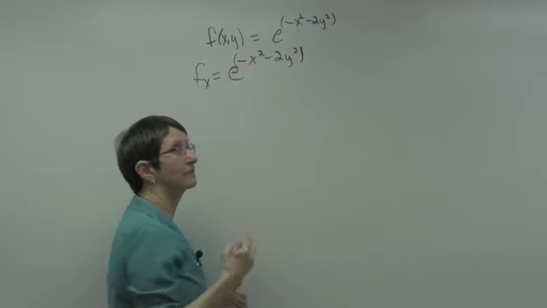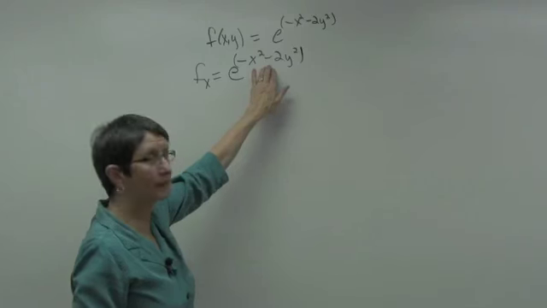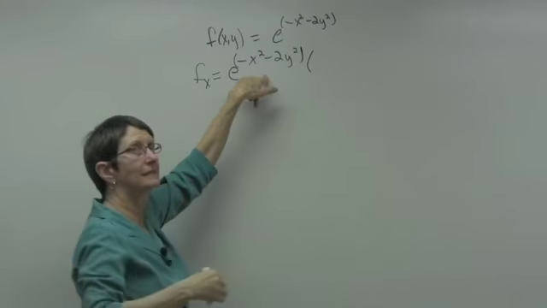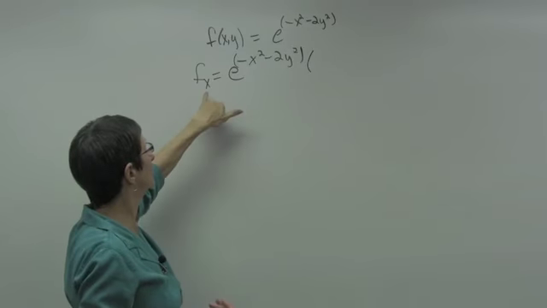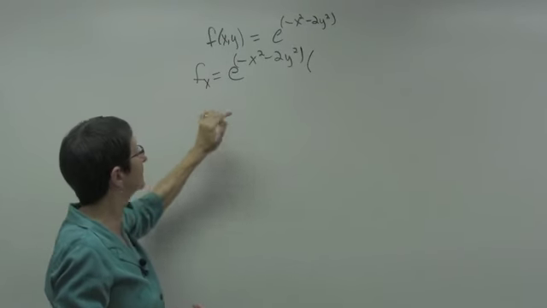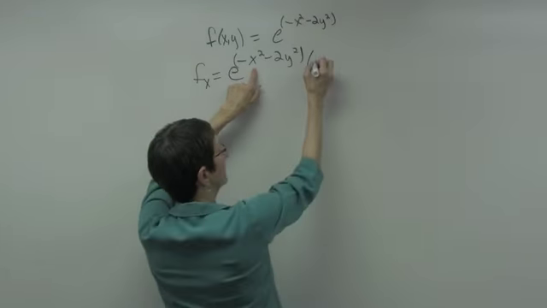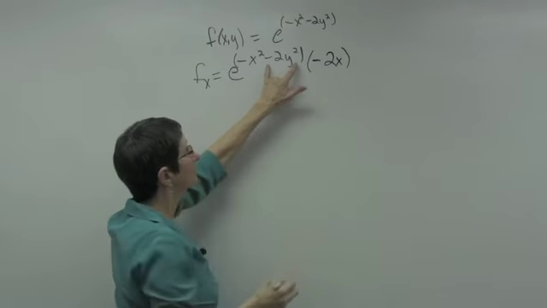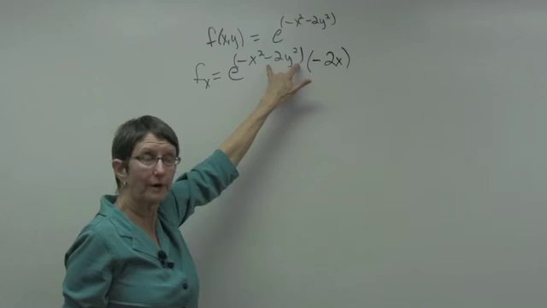And then, because of the chain rule, you have to multiply by the derivative of the exponent. Well, this is a two variable function, so the derivative is with respect to x. The derivative of negative x squared is negative 2x, and the derivative of this 2y squared part is 0.